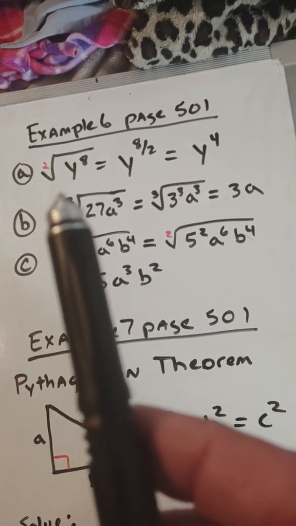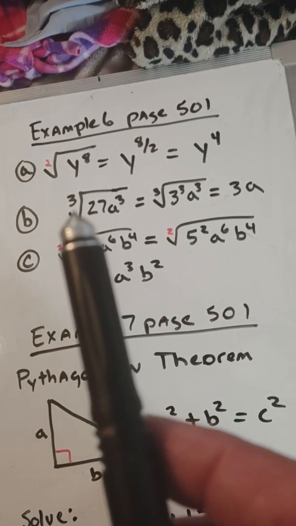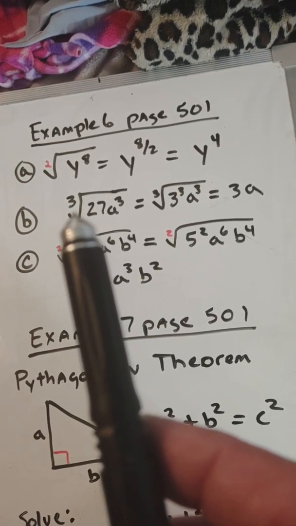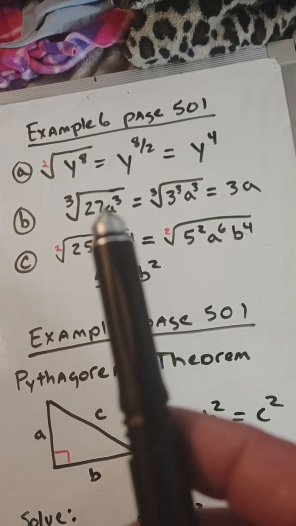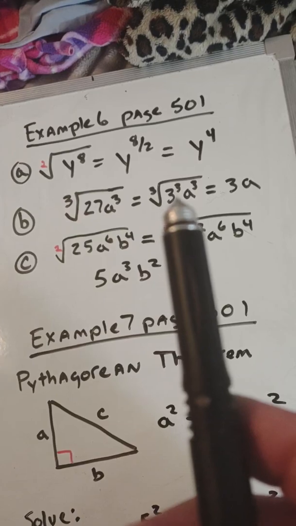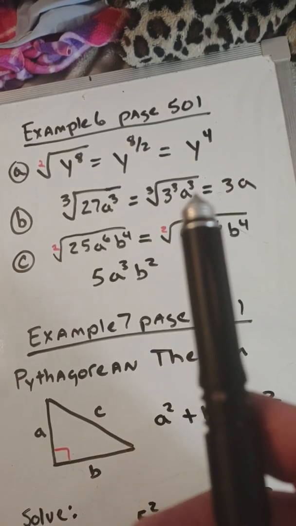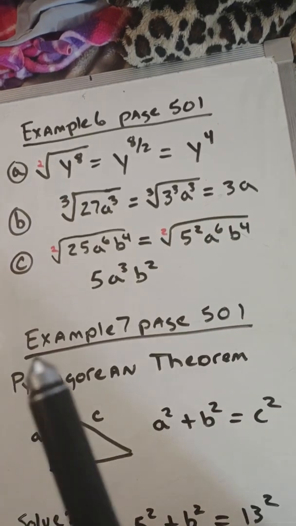So you've got to know your perfect squares, you've got to know your perfect cubes. But basically this little number out with the radical divides into any exponents inside, and that's how you get your answer. So 3 divided by 3 gives me 3 to the 1st, which is 3. 3 divided by 3 gives me a to the 1st, which is a.